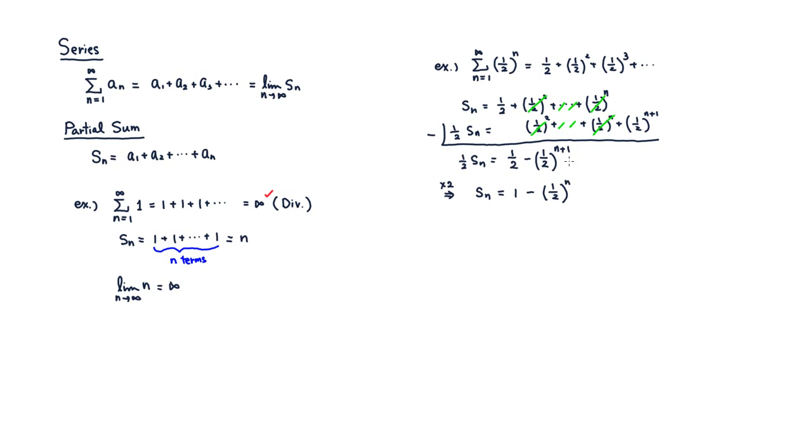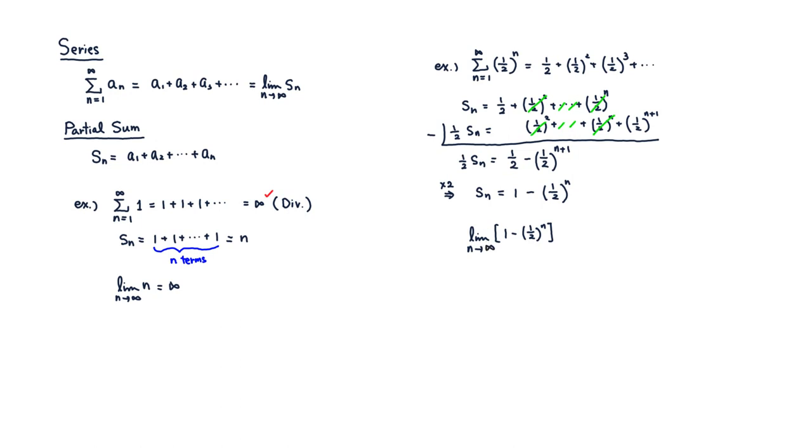Then what we can do is we can just take the limit. So if you take the limit of the partial sum, which came out to be 1 minus 1/2 to the n, as n approaches infinity.